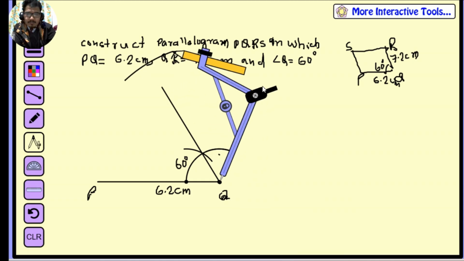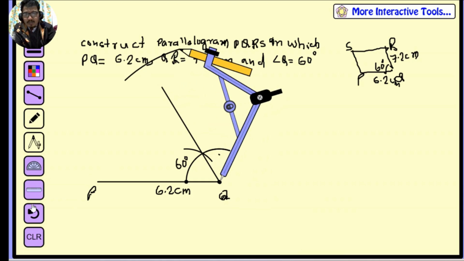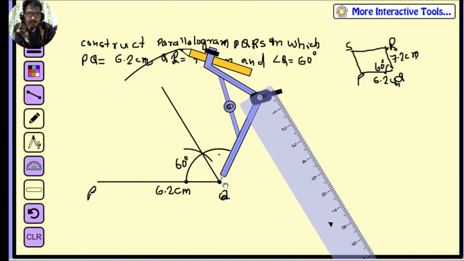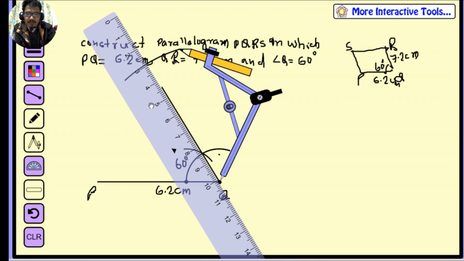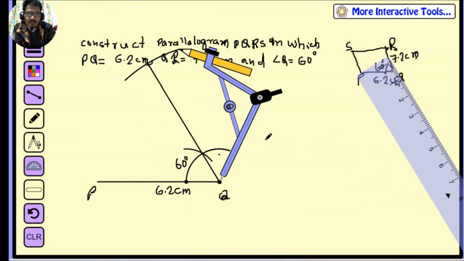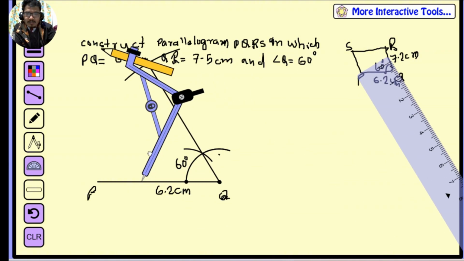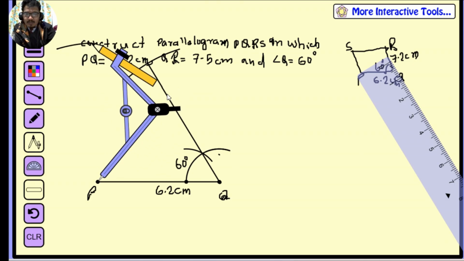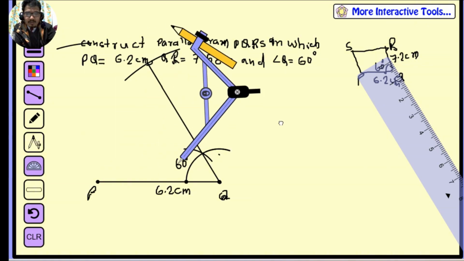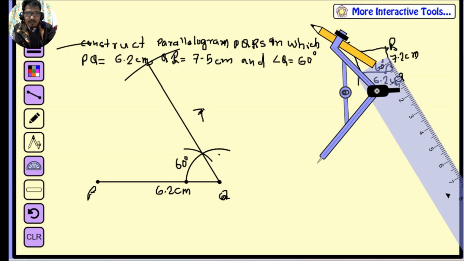Like this cut, and it is a little bit longer side. Look, this side is going up here. Like this one hit, and same here, opposite sides are equal, you can make it the same. Here also, like this, the sides are a little bit longer. Mention here 7.2 centimeter.